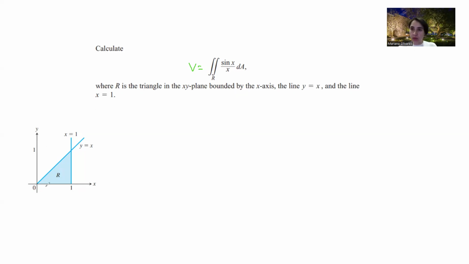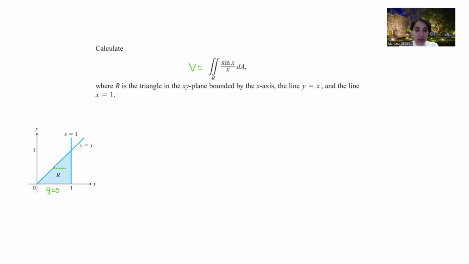I already drew this here, or I have here the representation. This line here is y equal to x, and this is x equal to 1, okay? And obviously this is the axis, and remember that if we want to write an equation for the x-axis, that has to be y equal to 0. In this case, we can do the order of integration in any direction just by the shape of the region.